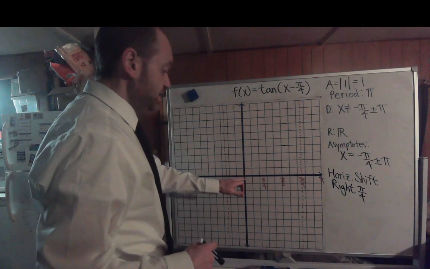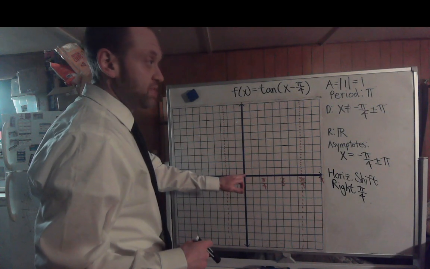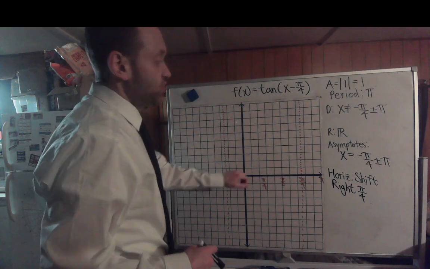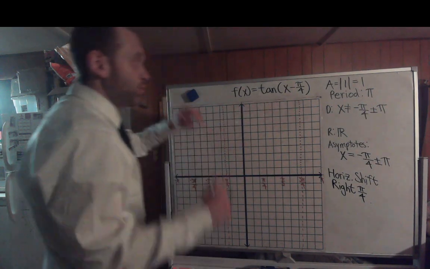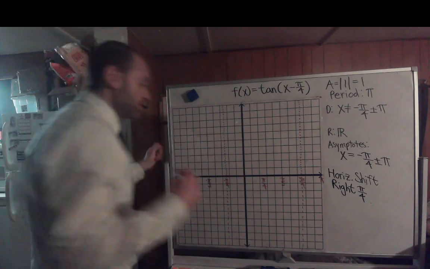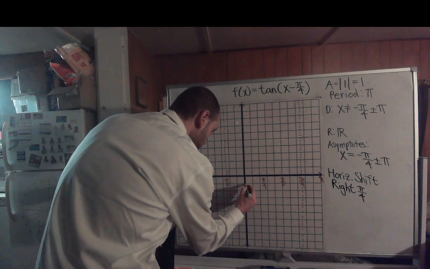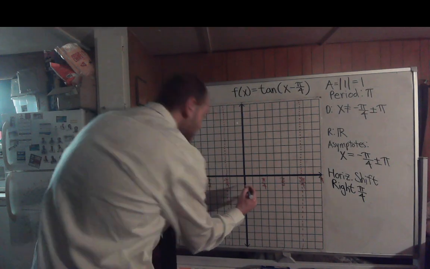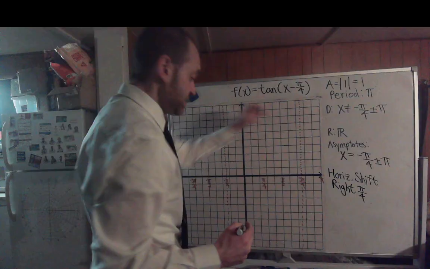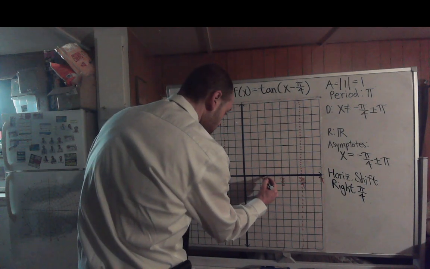The tangent at 0 is normally 0. Well, tangent at 0, then minus pi over 4 gives you the tangent of negative pi over 4. That's actually negative 1. If you put in pi over 4, you'll get the tangent of 0, which is 0.